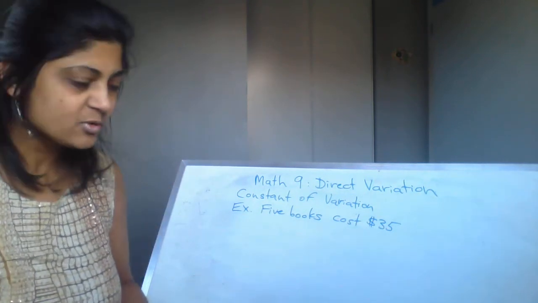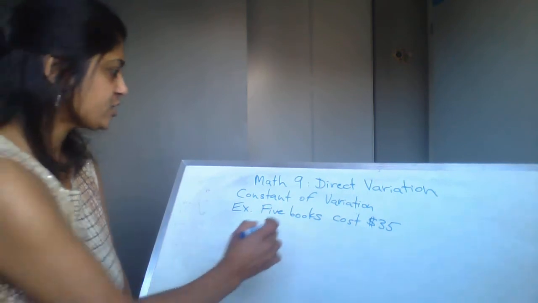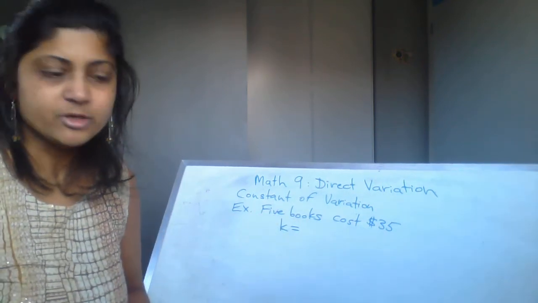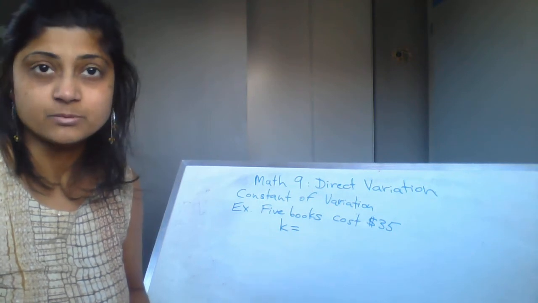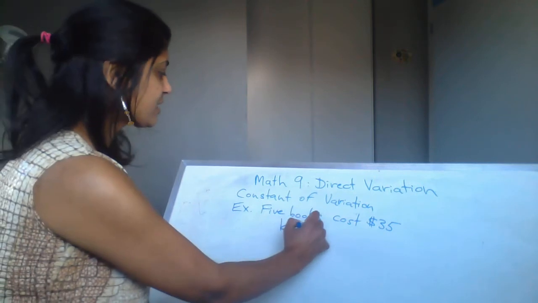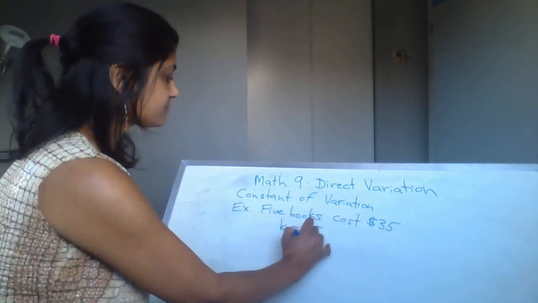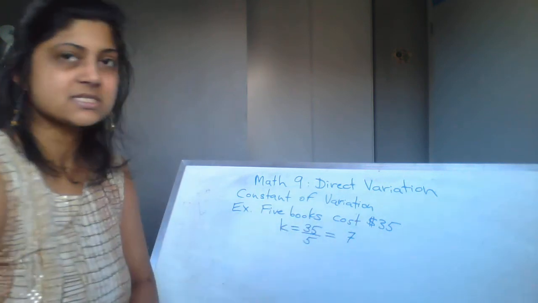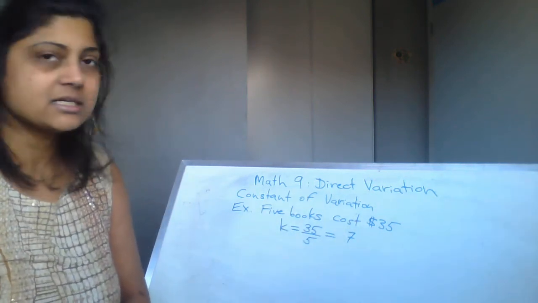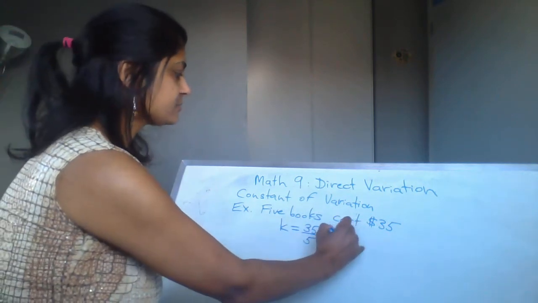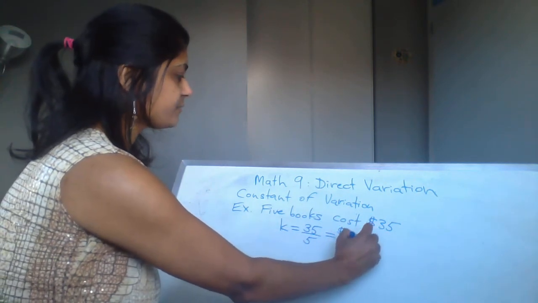Just so we know how to calculate the constant of variation, you're going to put k equals, and whenever you have something like this and you're dividing the numbers, the cost should always be on the top. So we're going to do 35 divided by 5, which is equal to 7. Again, make sure you do put the units for the constant of variation here. This is $7 per book.